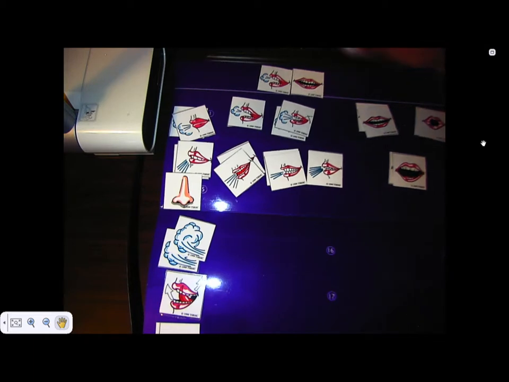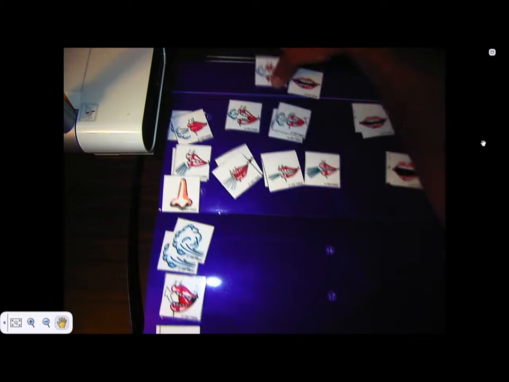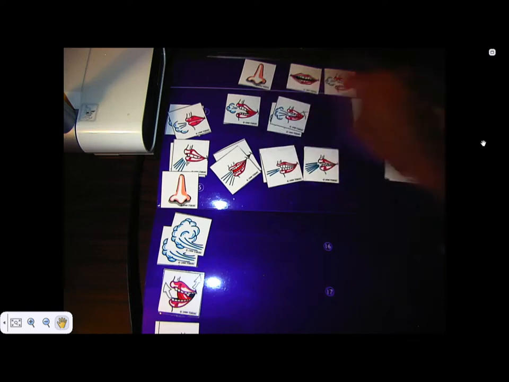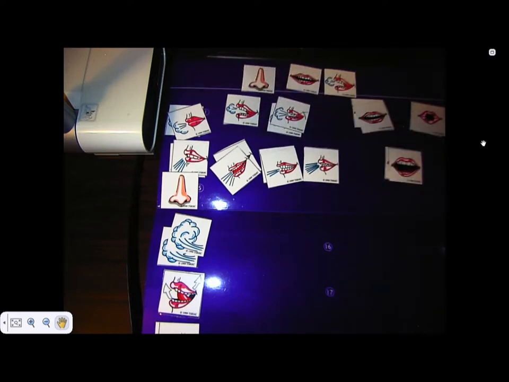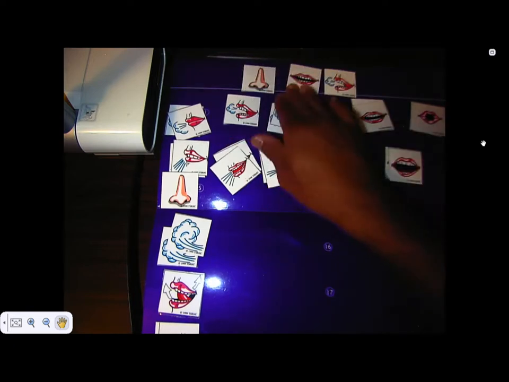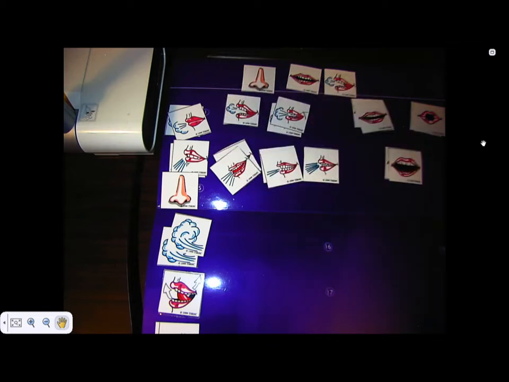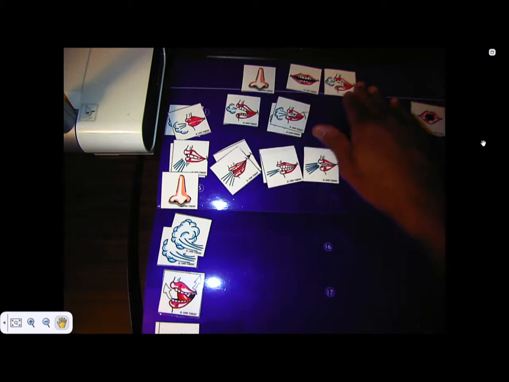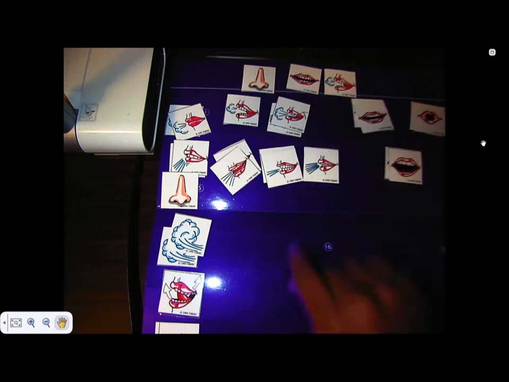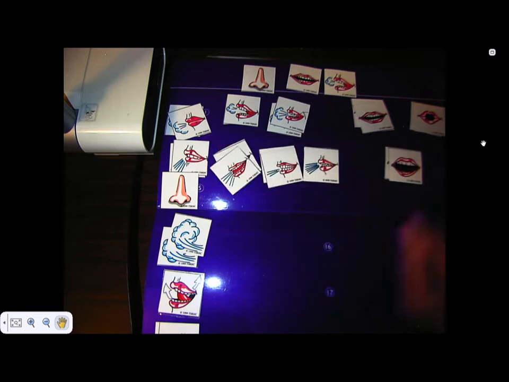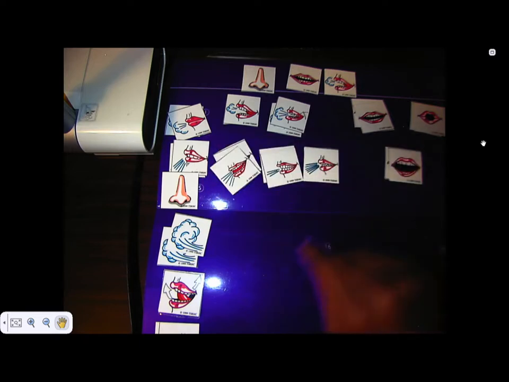Very good. You would have switched, and that gives you n, at. Very good. Next, we have n, at. Let's make n, at, or nat, let's make it say hat. Echo. That's right, hat. Now let's unblend. What are the sounds?